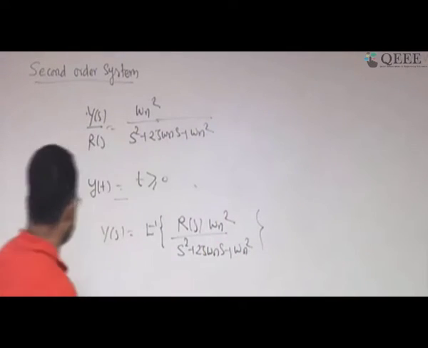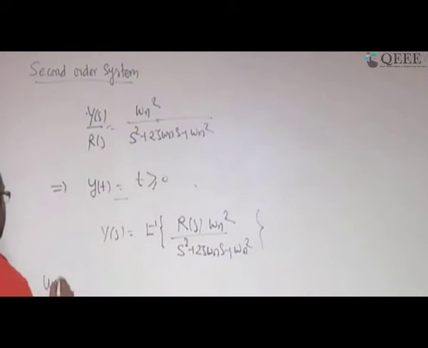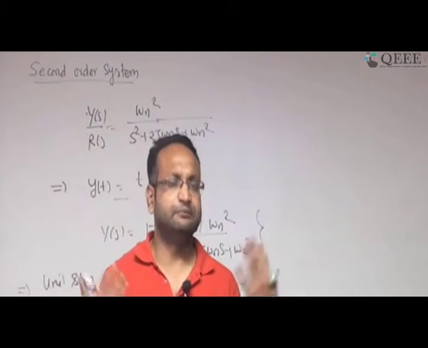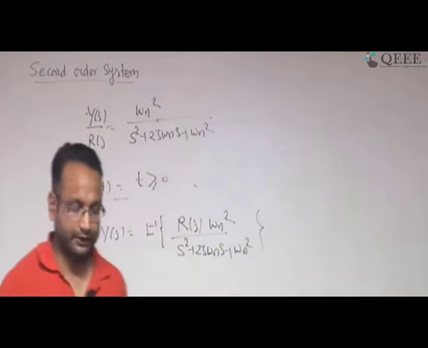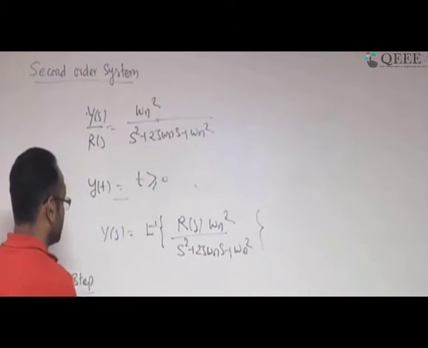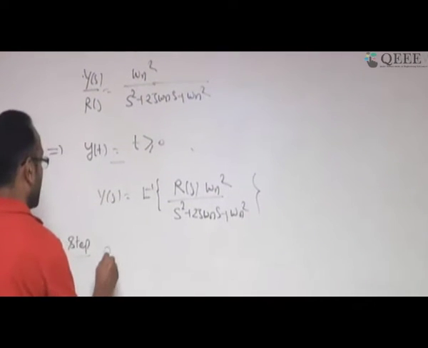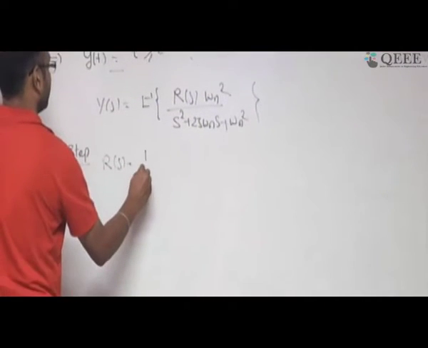So let me understand with the unit step input. Once you know how the unit step behaves, the unit ramp behaves similarly, and the parabolic also, we can extrapolate. So I am going to analyze with respect to unit step and unit ramp only. In that case R(s) is going to be 1 by s.